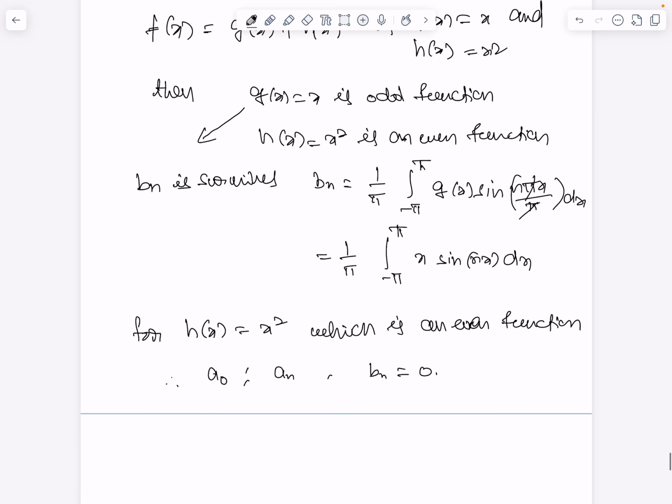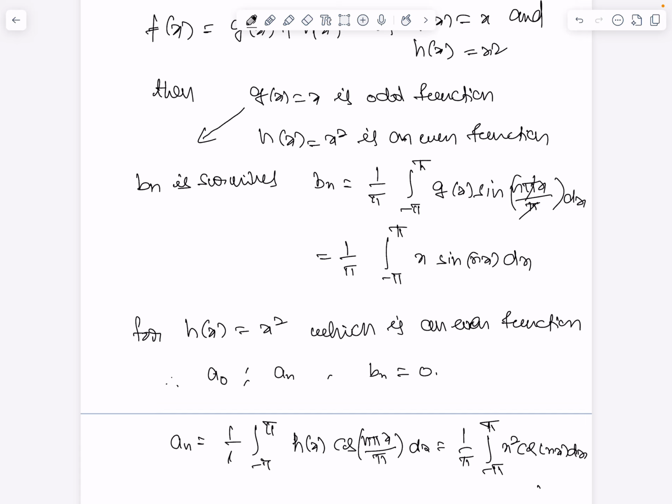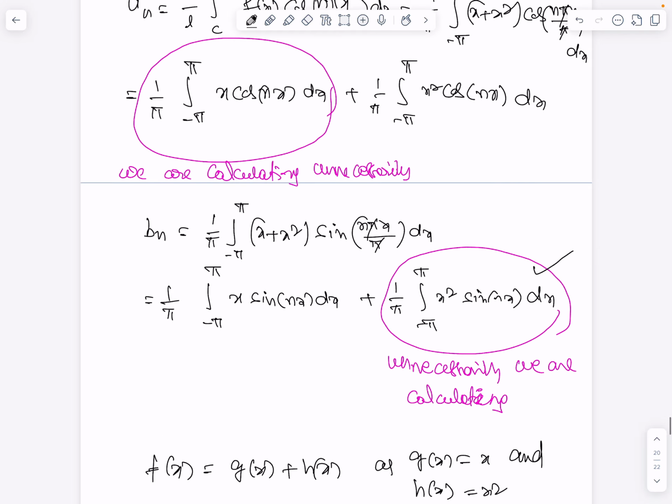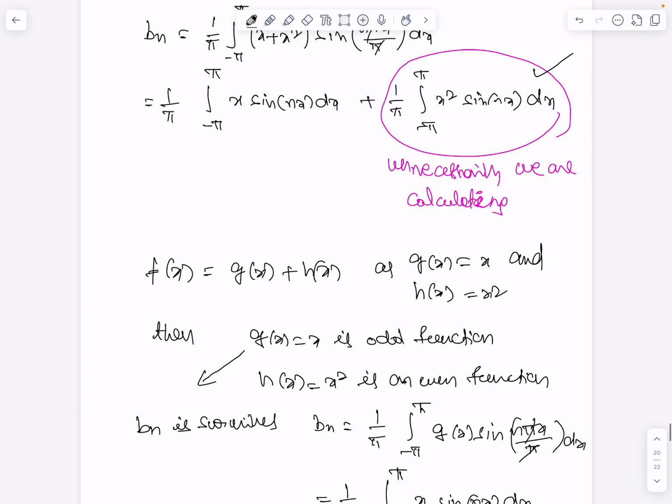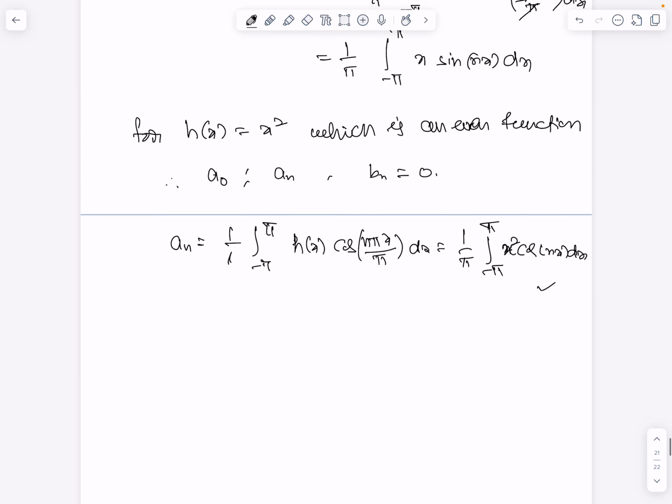So here in the calculation of an, it is 1 by L, minus pi to pi, h of x cos n pi x by L, L is pi, therefore 1 by pi, minus pi to pi, and h of x is x square cos nx dx. You see here in an only you need to calculate x square into cos nx. That's why I told you this is unnecessary calculation. So you can save time by splitting that into the two parts and you are able to manage it.